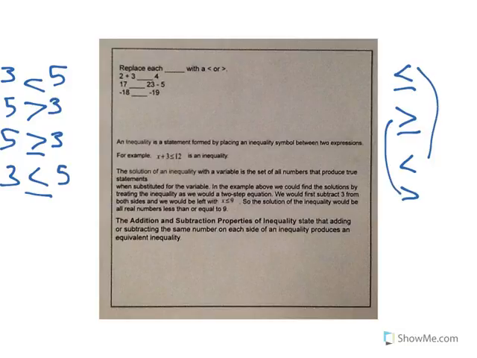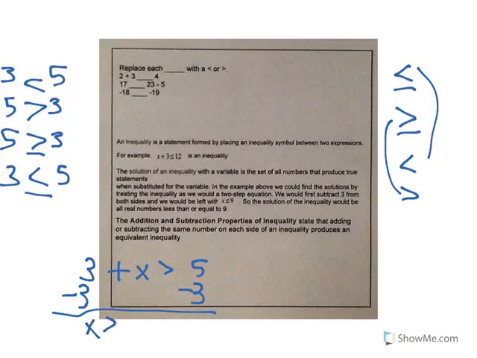So the key concept is, if you're solving an inequality and you have something like 3 plus x is greater than 5, you're just going to do what you would do with an equation. You're going to subtract 3 from both sides, and end up with x is greater than 2.